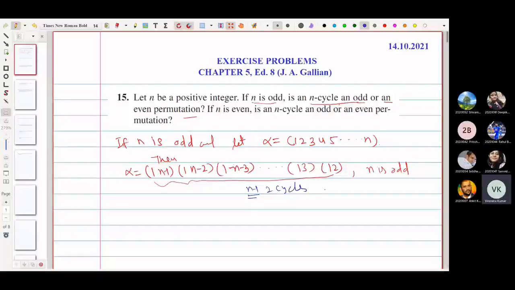So this would imply that alpha is an even permutation.